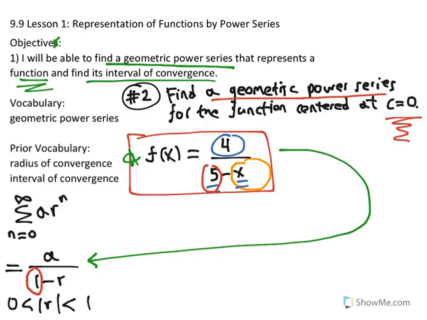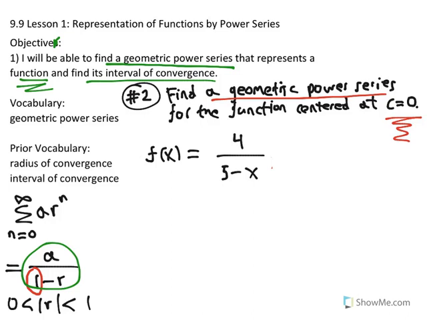So if I want to represent this function with a geometric power series centered at 0, I have to algebraically manipulate this function so that it will fit a over 1 minus r exactly. In other words, I need to somehow have 1 in place of the 5 without actually changing my function.